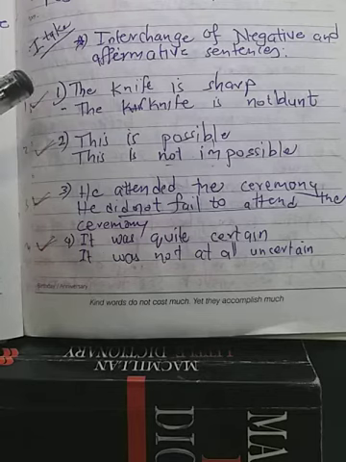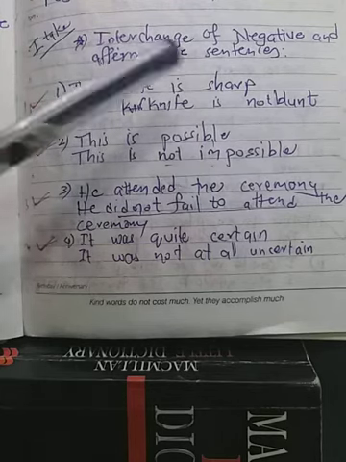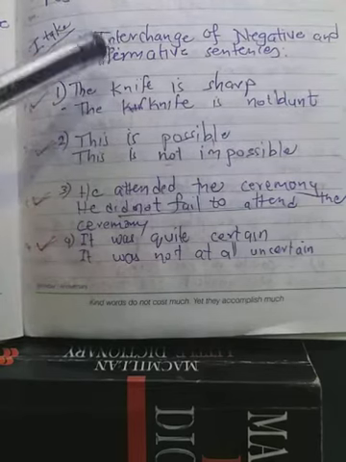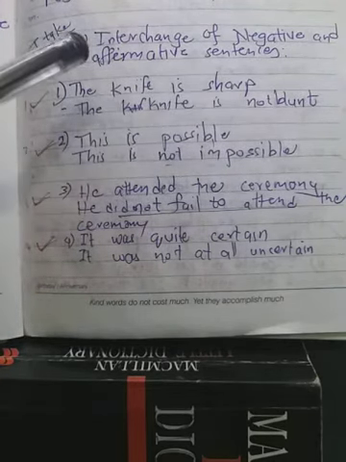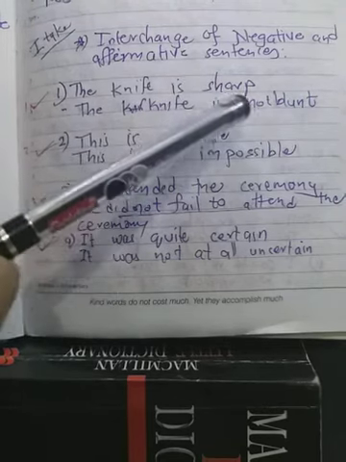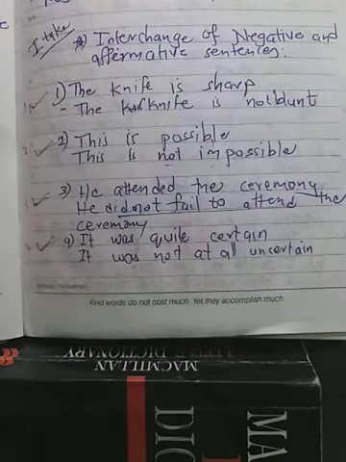So here we will see that if you want to add not, what you do is take the opposite of sharp, and that is blunt. This is one of the techniques. Sharp becomes blunt. So if you make sharp blunt, then not blunt will be equivalent to sharp.